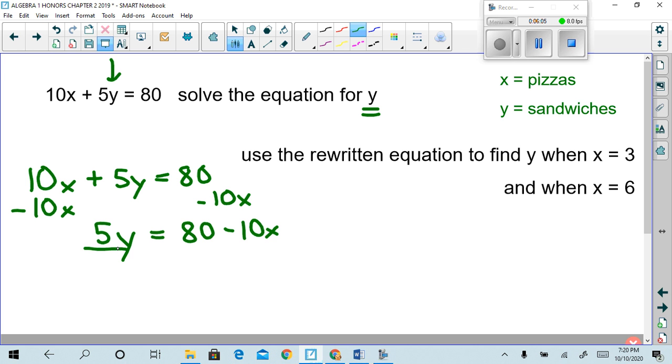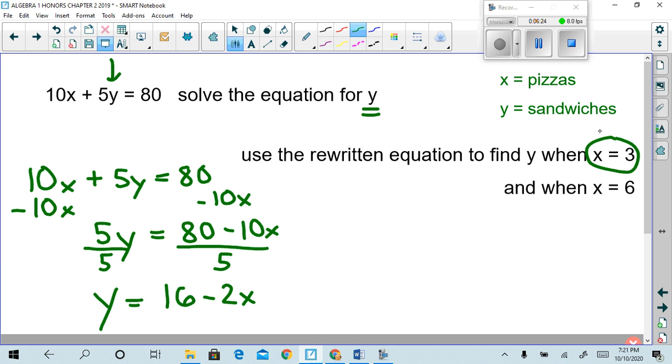Let's continue. I'm going to divide both sides by 5. I'm isolating y. Y is equal to 16 minus 2x. Now that I've rewritten this, now I can go about substituting in 3. Y is equal to, and Y represents the number of sandwiches. The number of sandwiches is equal to 16 minus 2 times 3.